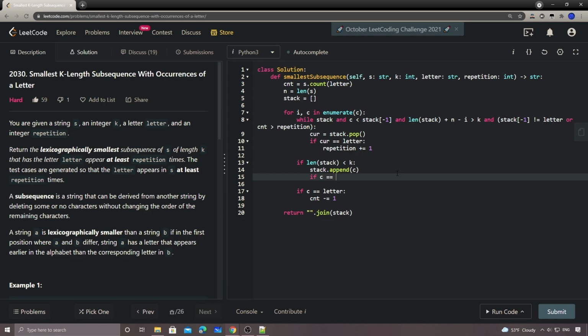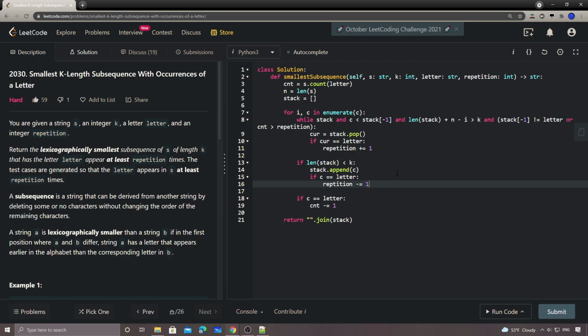If the current one is equal to the letter, that's when we decrease the repetition by 1. So this one is related to this one, right? When we pop one out, we increase repetition by 1. When we add one of the letter, we decrease it by 1. Okay, so that's the basic one.